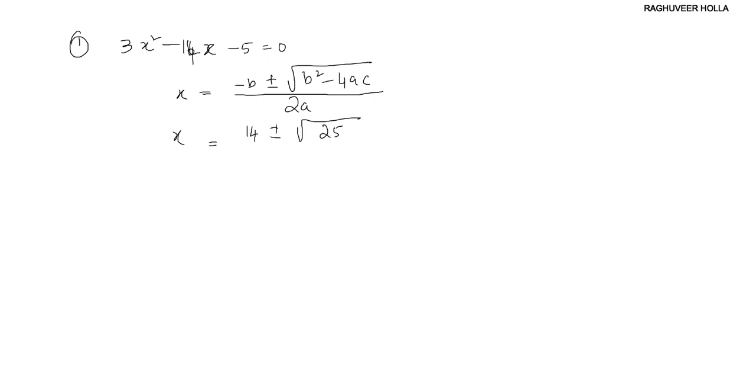So we get x as 14 plus or minus square root of 256 by 6. So you get x as 5 or minus 1 by 3.